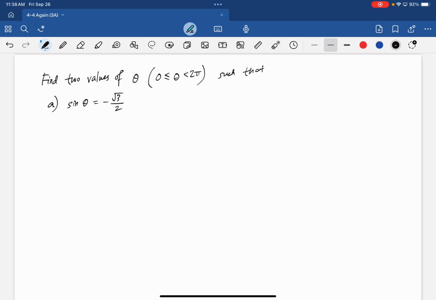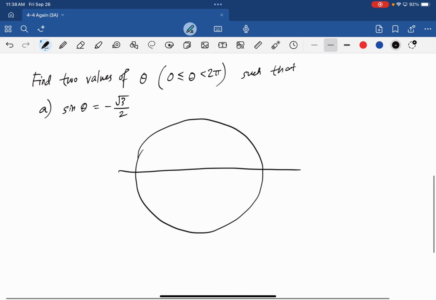What's the main idea here? What's the first step, guys? We're really just looking for 2 points on the unit circle that have y-coordinate of negative root 3 over 2.